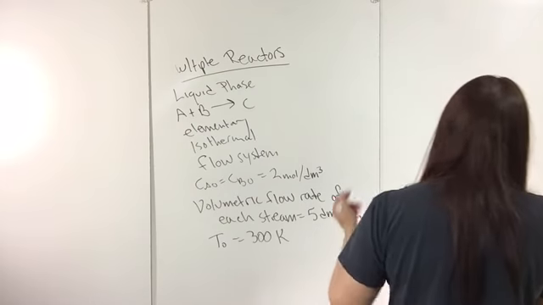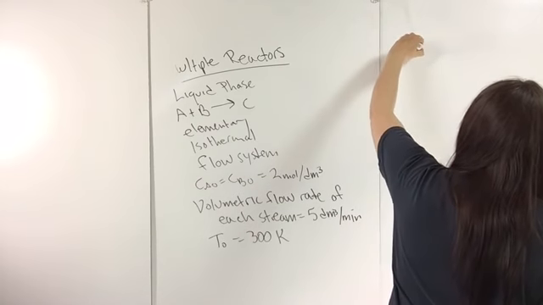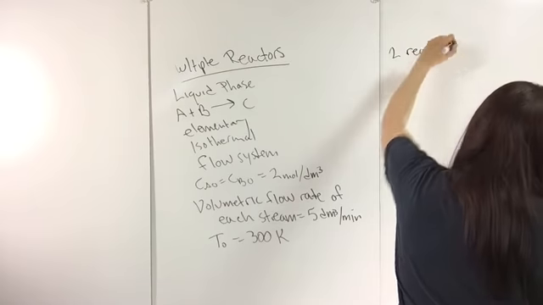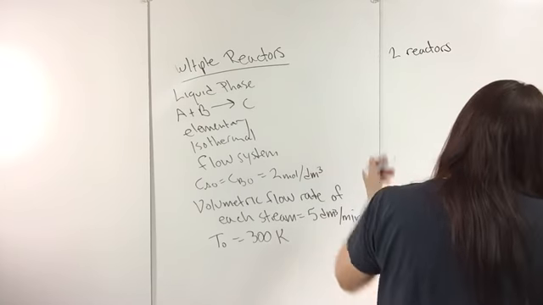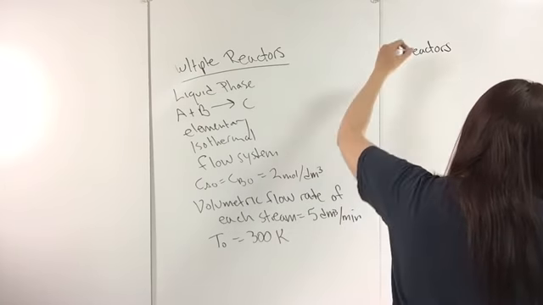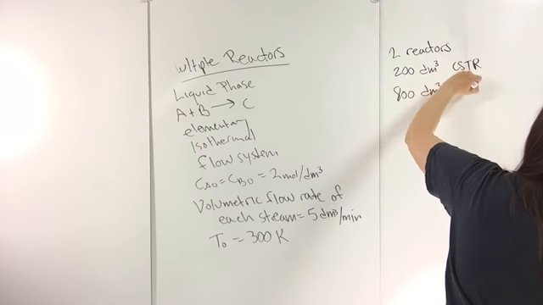So you have 2 reactors available. You have a 200 dm cubed PFR, and you have 800 dm cubed, actually, sorry, this was the CSTR, PFR.